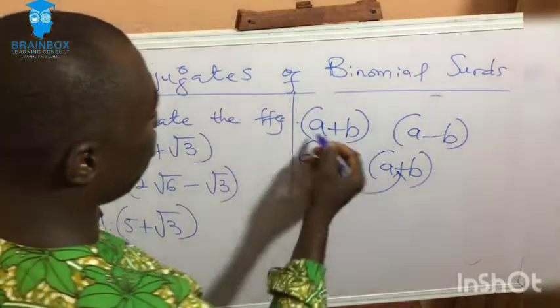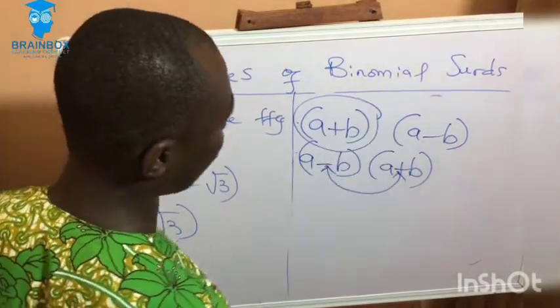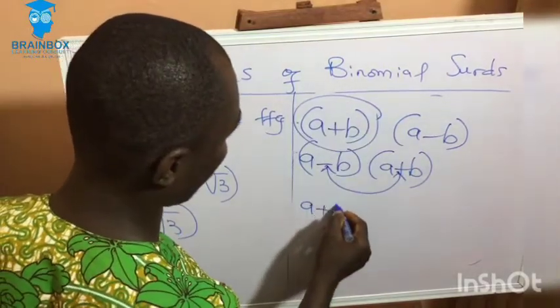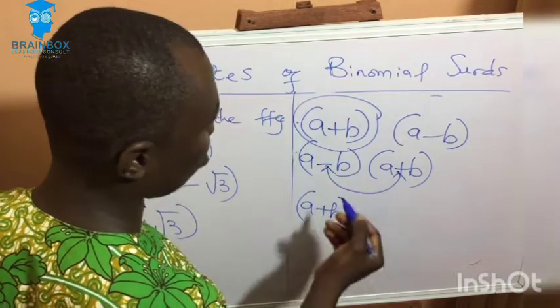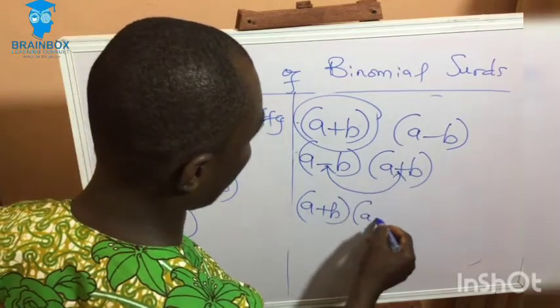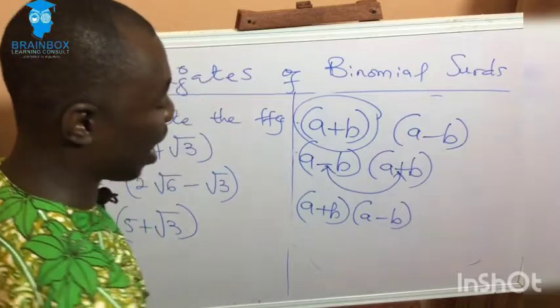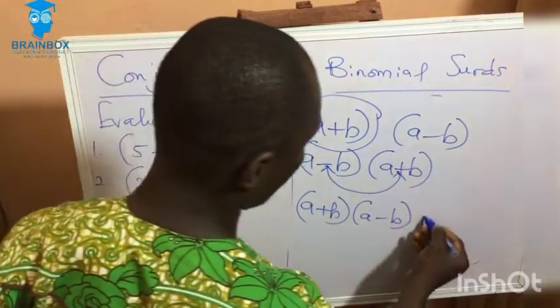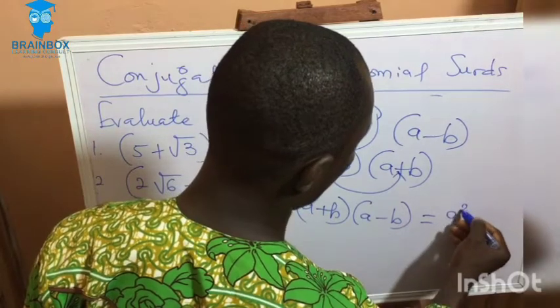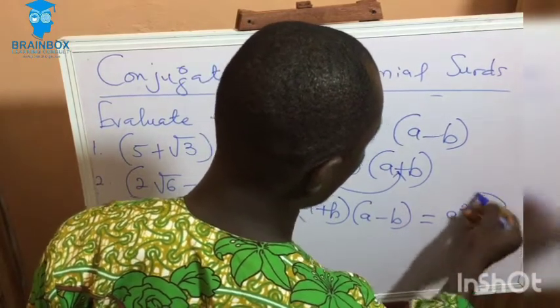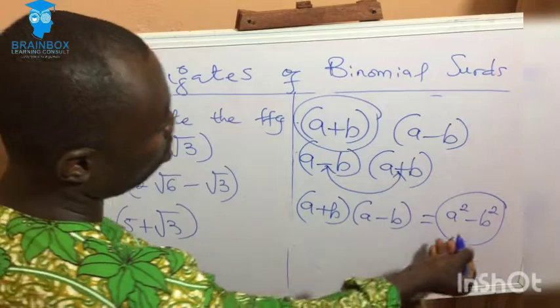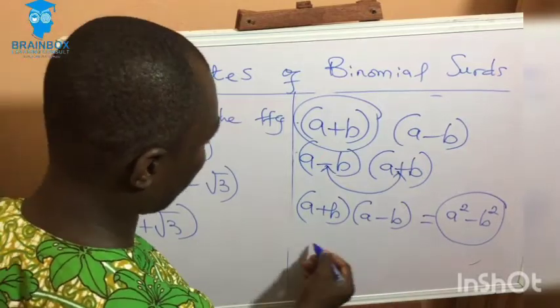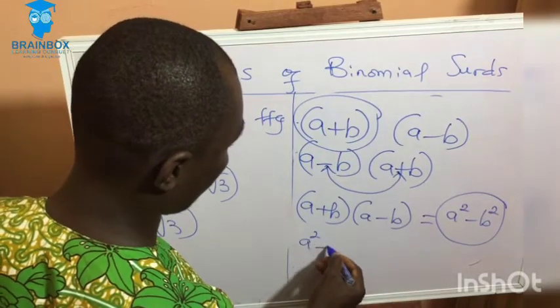So, for instance, if we have this as our denominator, we're going to take the conjugate, which is a minus b, right? You already know that this is a difference of squares. That will be a squared minus b squared. I will explain now. So let's multiply out. We'll arrive at this. A times a will give us a squared.